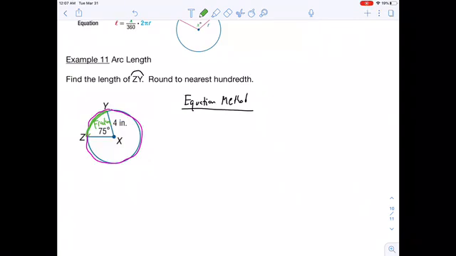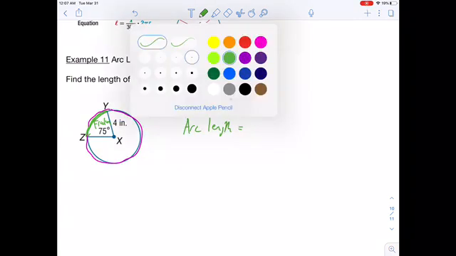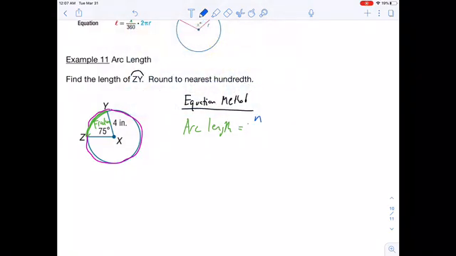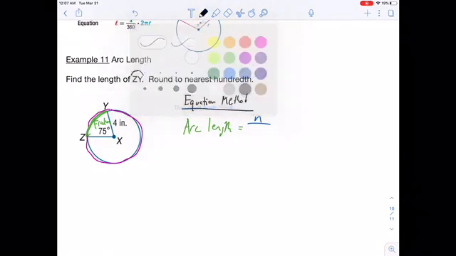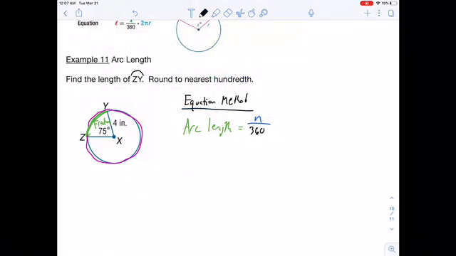So we have a real simple formula that says arc length is equal to the central angle over the total 360 degrees in a circle, that's the fraction, times the circumference of the circle, which is 2 pi r or pi d, or we're just going to call it the circumference.